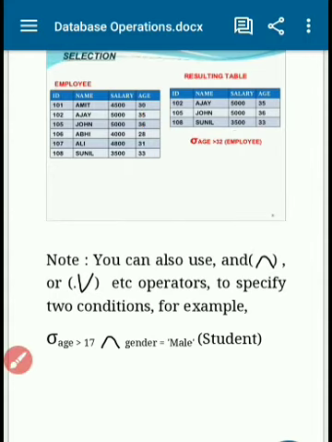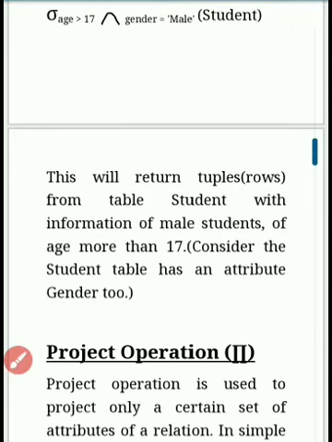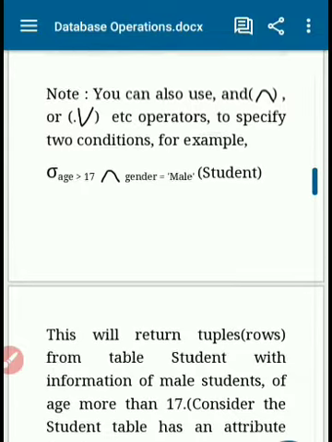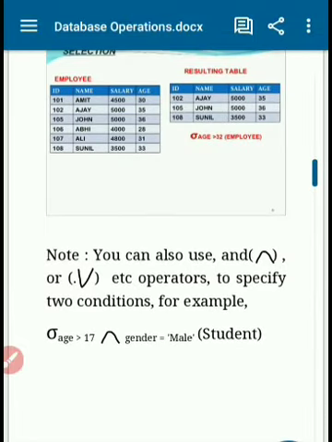Here two conditions are given: age greater than 17 and gender is male. This is another condition, for another table, the student table. So these are selection operations where we can select tuples from a specified relation following some given condition.